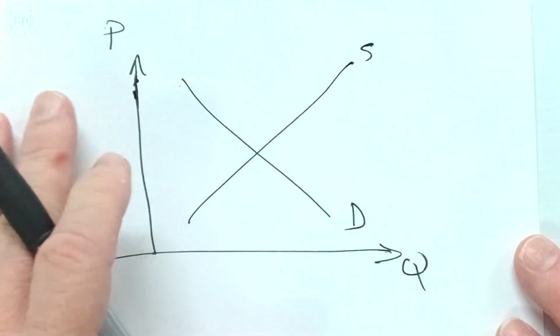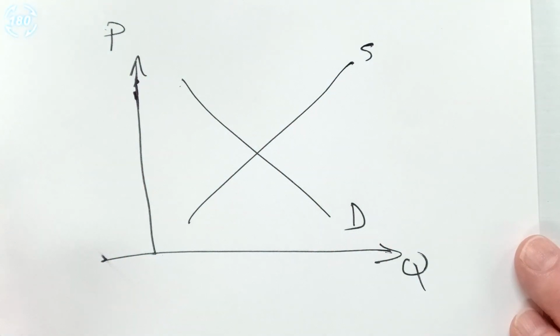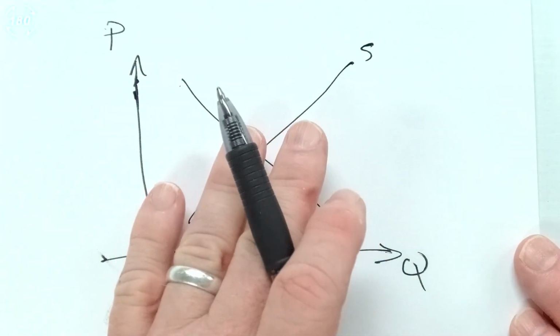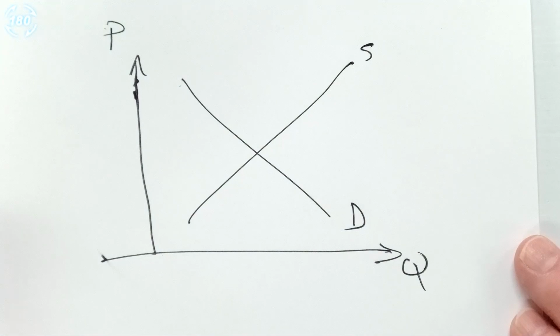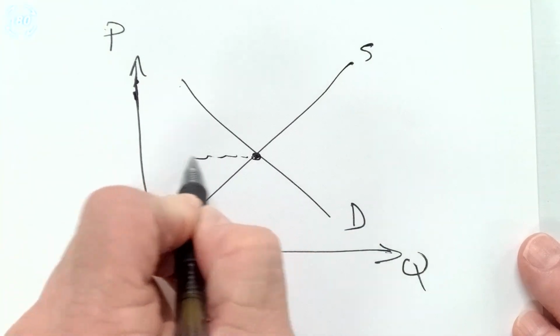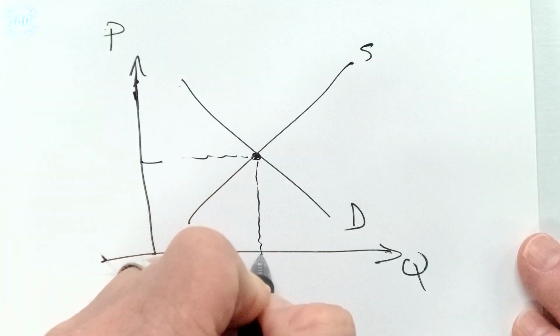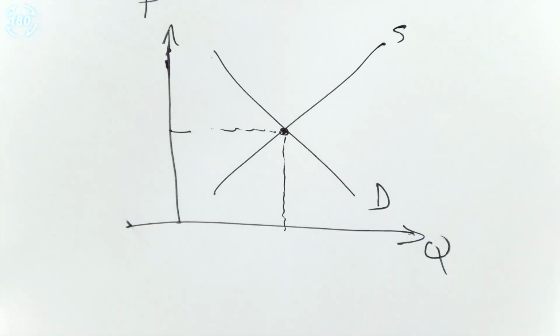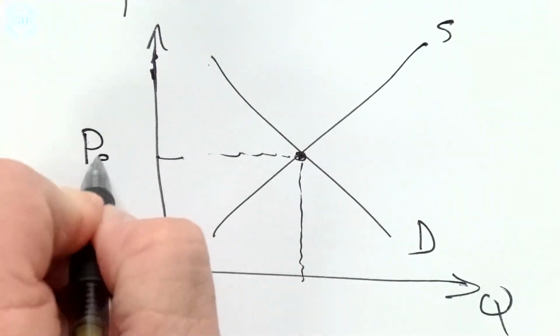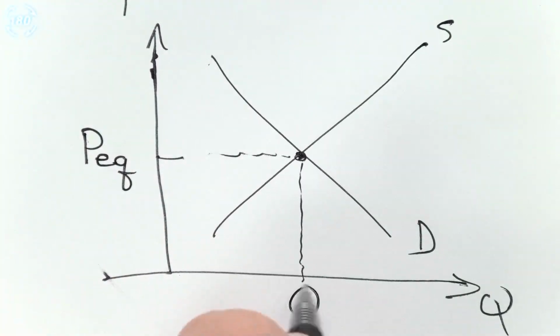Now, this supply-demand model, we've talked about why these two curves slope the way they do and why they are positioned the way they are, what would affect their position. But where these two curves cross is called the equilibrium point. We're going to look at why in just a minute. There's a price, I'll call it PEQ, the equilibrium price, and an equilibrium quantity, established by the market.